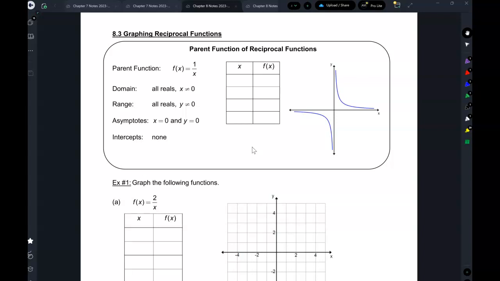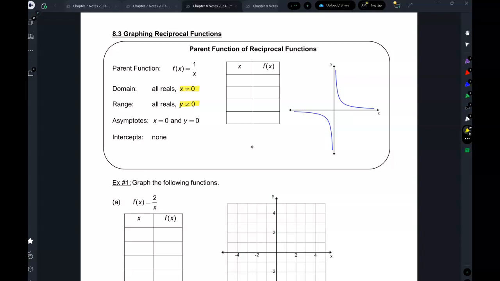Negative. So what value of x gives you y equals 0? None. There are no values of x that you can plug in that would give you a value of 0. So for that reason, for the domain, x can't be 0, and for the range, y can't be 0.